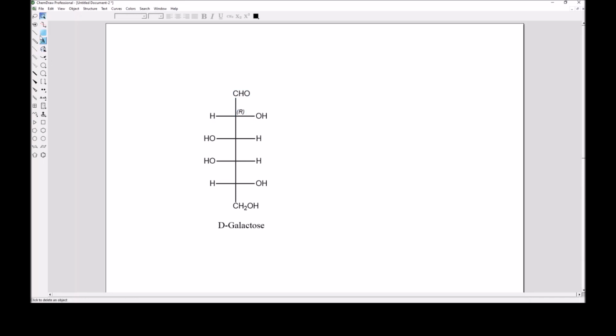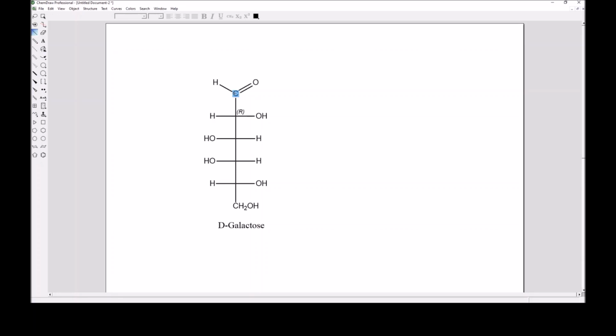But I want to take a second and redraw this CHO with a little bit more detail. CHO refers to a particular functional group called an aldehyde. Aldehydes are the highest priority functional groups that you'll encounter ever in Chem 351. And the only thing that means to you is that we're going to call this carbon right here carbon number 1.